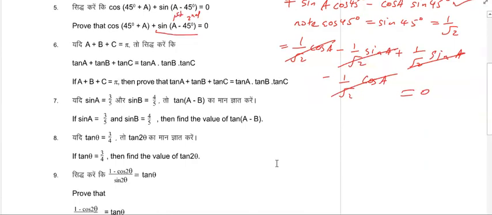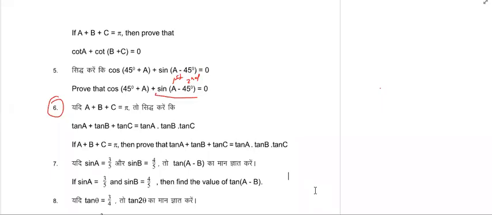Question number 6. To prove question number 6, first let us work out: a plus b is equal to pi minus c.